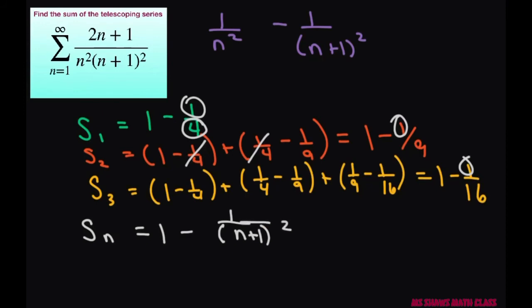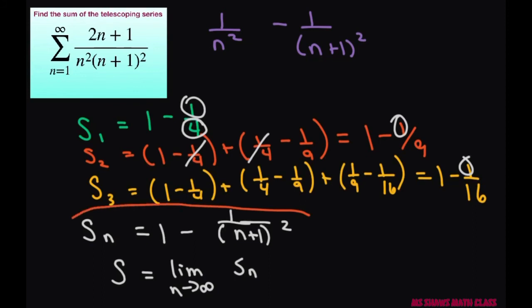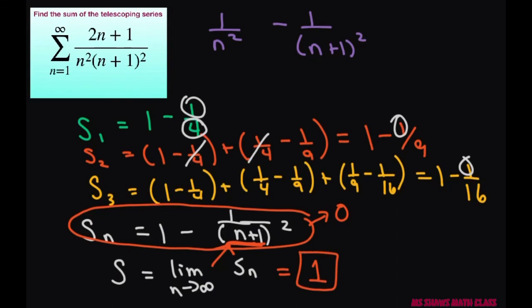All right, so when you're trying to find the sum, that's just going to be the sum equals the limit as n approaches infinity of our nth partial sum given here. Now, as n goes to infinity, as this number gets larger in the denominator, this is going to go off to 0. So our sum is going to equal 1, because we're just going to have 1 minus 0.